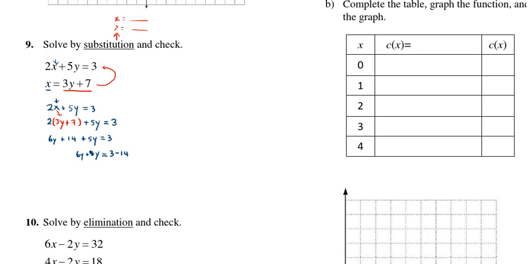And now we combine the like terms by doing the operations. On the left side, 6y plus 5y gives us 11y. And on the right side, 3 minus 14 gives us negative 11. The final step, divide by 11 on both sides. So y is equal to negative 1.